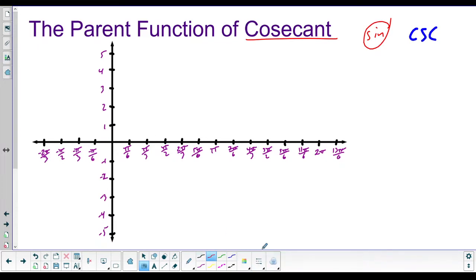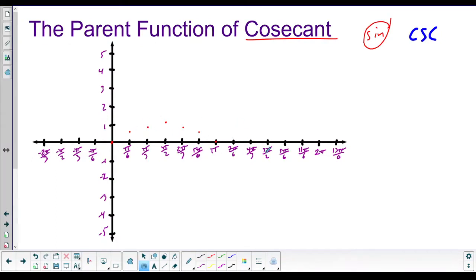So here we go. All right, so sine, we all know sine starts at 0. At pi over 6, sine is a half. Then at pi over 3, it's 0.7, almost 1, right? Pi over 2, or 90 degrees, sine is 1. Then it reflects back down. And then at pi, we're back at 0.